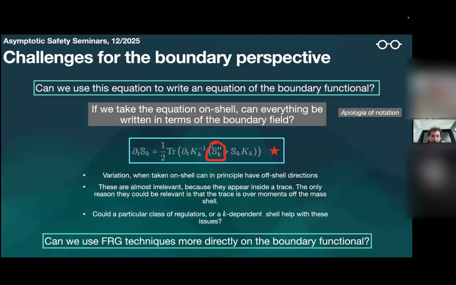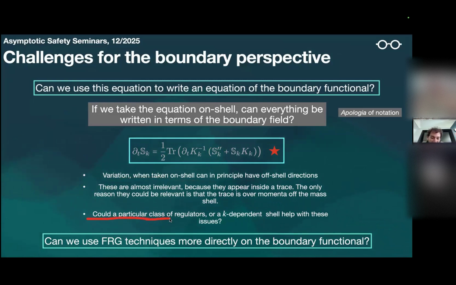But as I argued, the contraction of these endpoint functions with Fourier modes are just S-matrix elements, which I could then in principle re-express as derivatives with respect to the boundary field. But the subtlety here arises in the fact that this trace is over off-shell momenta. So I cannot actually use the equality that connects this to the S-matrix elements. So this is the challenge. Here I try to say a challenge and then why it's almost not a challenge, but then we have an extra challenge.